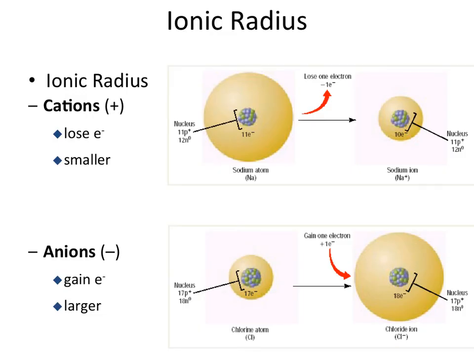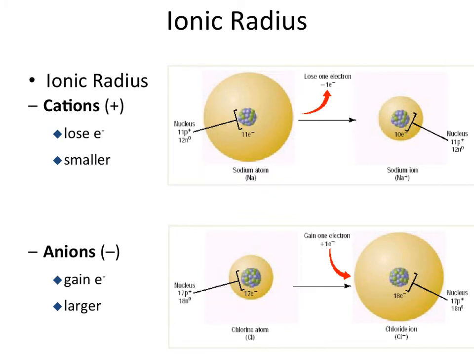So looking now more specifically at the ionic radii, or the ionic radius, we need to talk about what happens when a neutral atom forms an anion or a cation. So if we look at our pictures here, I want you to notice that I have a sodium atom. Sodium atom is a metal. Typically, they give up electrons. So if sodium loses an electron, it's still going to have the same number of protons, right?